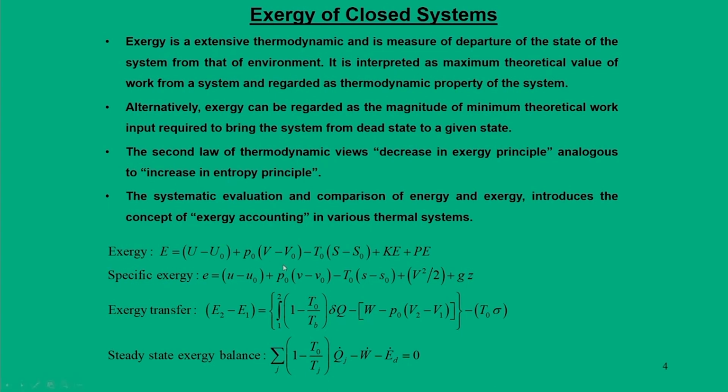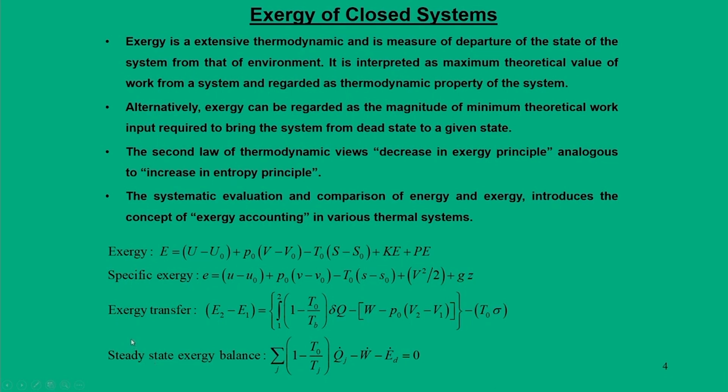When it reaches the dead state, it is at the ambient or surrounding pressure and temperature, which is P naught and T naught. At that point, the dead state will have internal energy U 0, volume V 0 and entropy S 0, and the difference between these quantities gives the exergy of the system when it goes from a given state to the dead state. Similarly, we can define the specific exergy, find the exergy transfer, and get the steady state exergy balance.